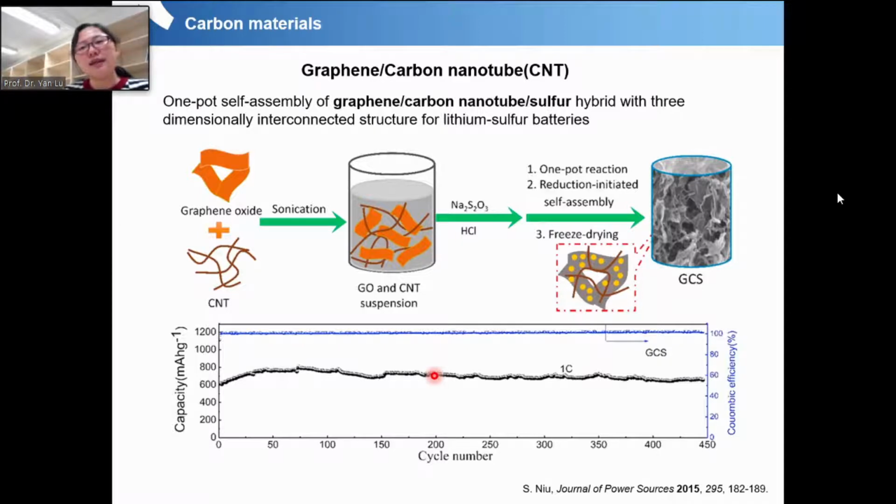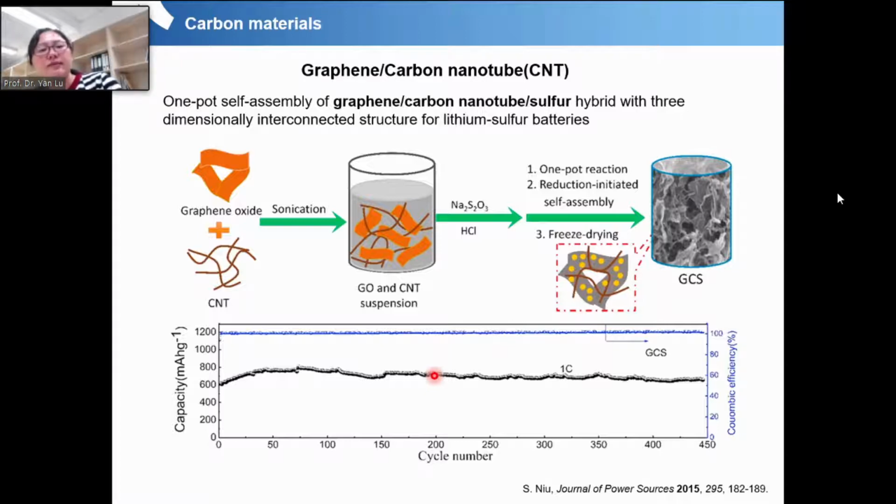The use of carbon nanotube is because carbon nanotube can form a flexible and also freestanding material. In this case, you do not need to add any binder to make a slurry. So you can use it directly as a cathode material for lithium sulfur battery. This is an advantage of this kind of system.